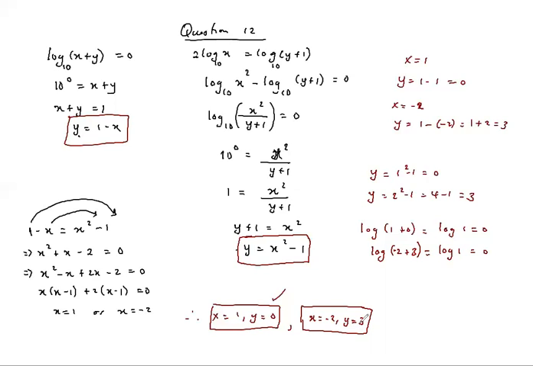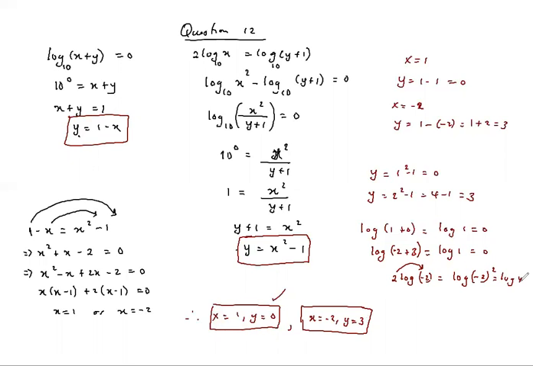Does it work on the right? On the right, it does, because when x is negative 2, we have 2 log(−2). Since it is negative, we take back this power. So this part becomes log((−2)²), which is log 4.